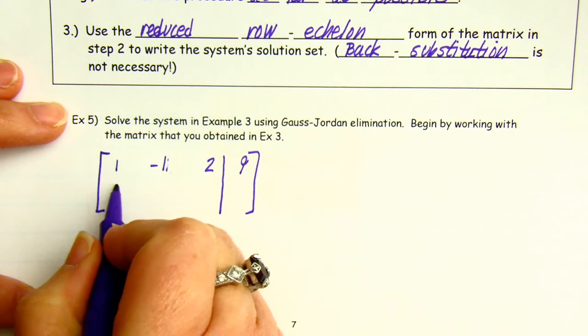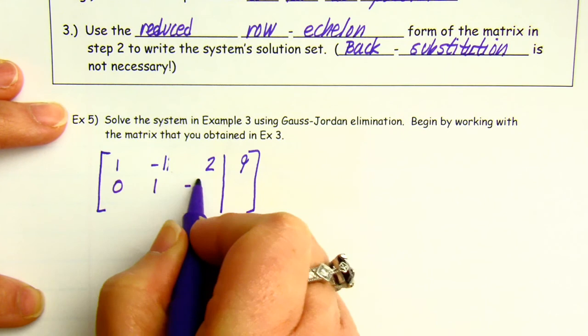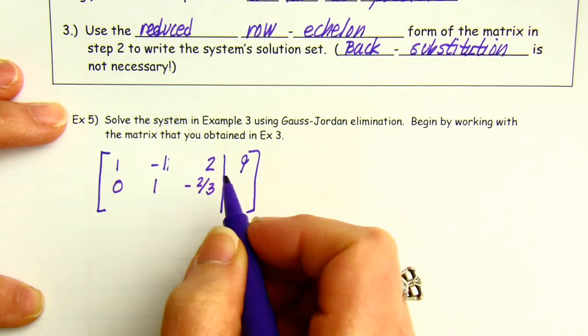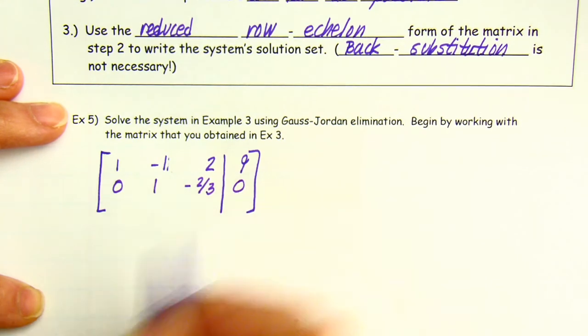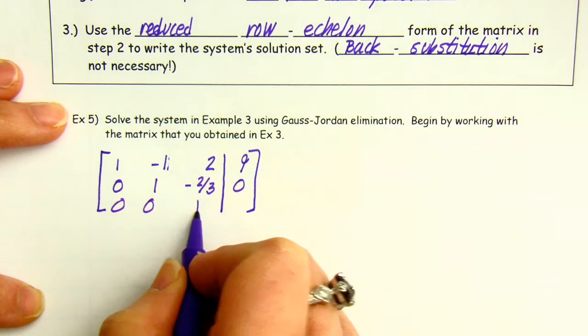The next row was 0, 1, -2/3, 0, and then 0, 0, 1, 3.